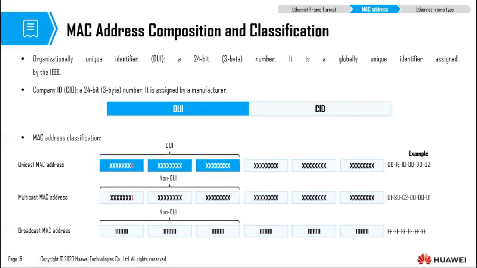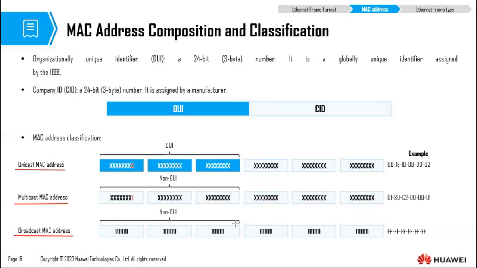Now, we have 3 MAC address classifications. The first one is called unicast. You remember unicast messages? It simply means we're going to be sending one-to-one messages. Then multicast is one-to-many, and broadcast is one-to-all.